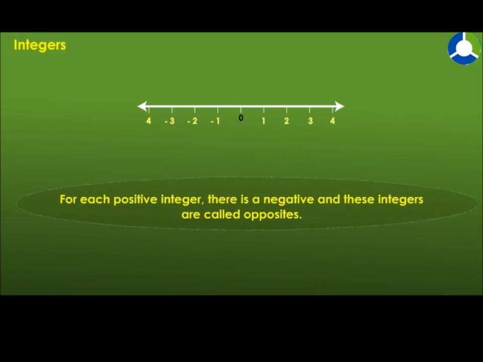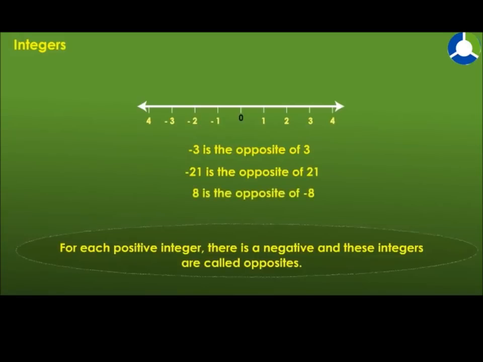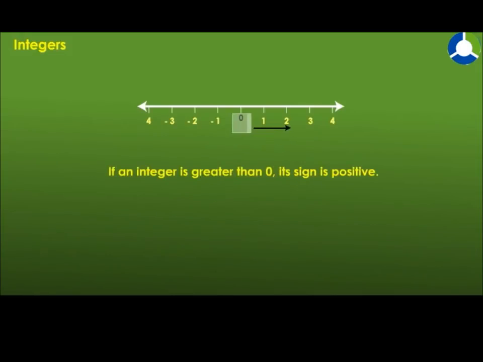For each positive integer, there is a negative, and these integers are called opposites. For example, -3 is the opposite of 3. -21 is the opposite of 21. And 8 is the opposite of -8. If an integer is greater than 0, its sign is positive, plus.